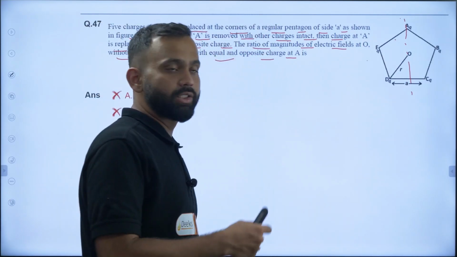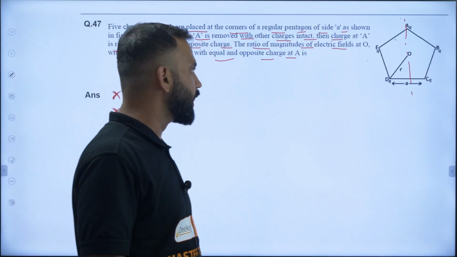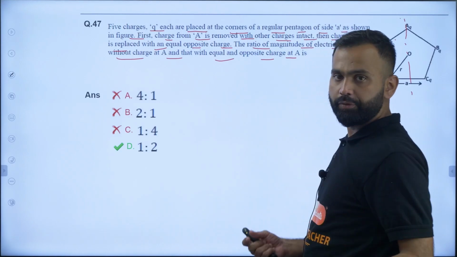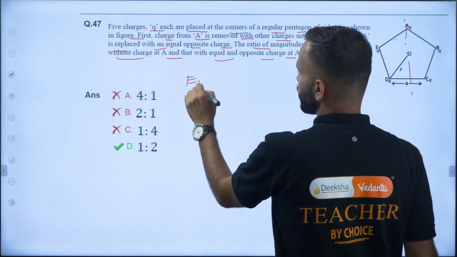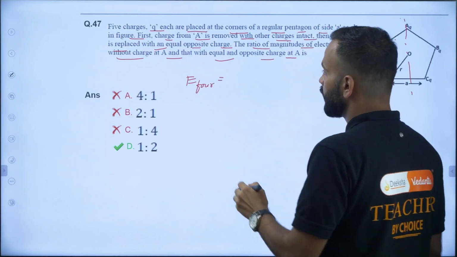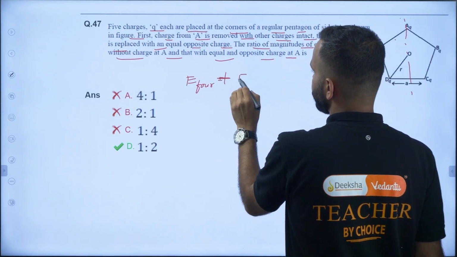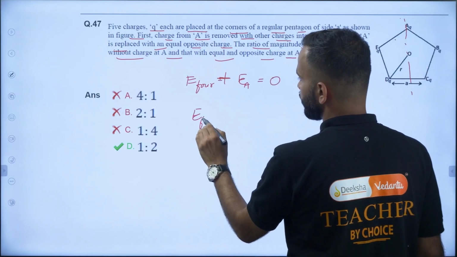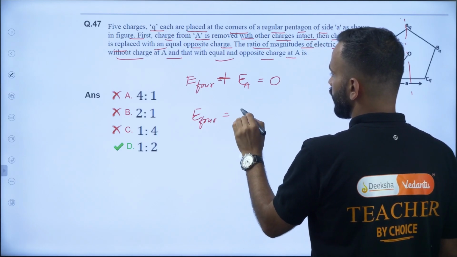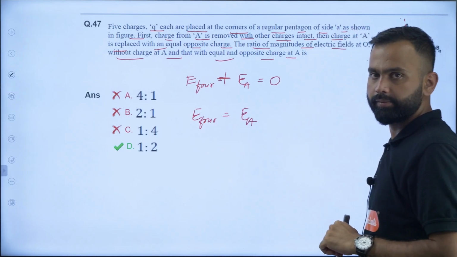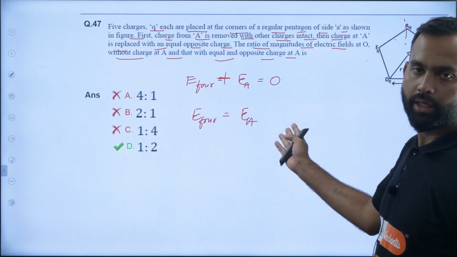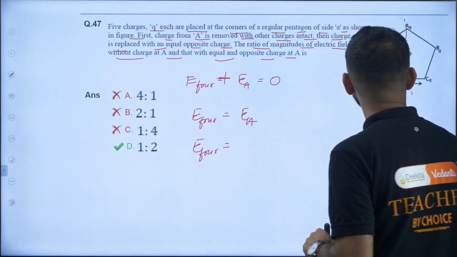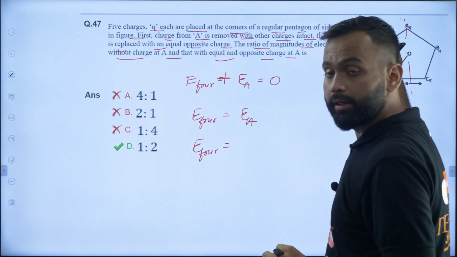Okay. So now the charge at A is removed. Anyway, the electric field is 0 at O. So the electric field due to 4 charges plus the charge at A is equal to 0. So now the electric field due to 4 charges is equal to the electric field due to the charge at A, actually minus of, I took the magnitude. That is kq by r square.